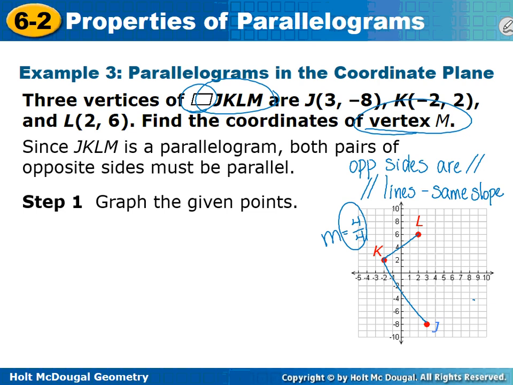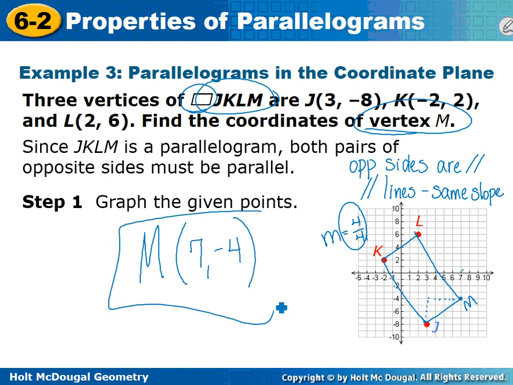Where does it land? 7, negative 4. Is everybody with me that we went up 4, right 4, and then we found M? Make sure you write your answer. M is at 7, negative 4. Questions on that one?